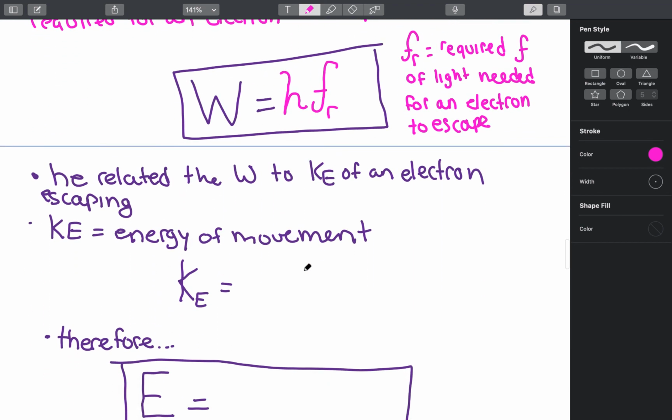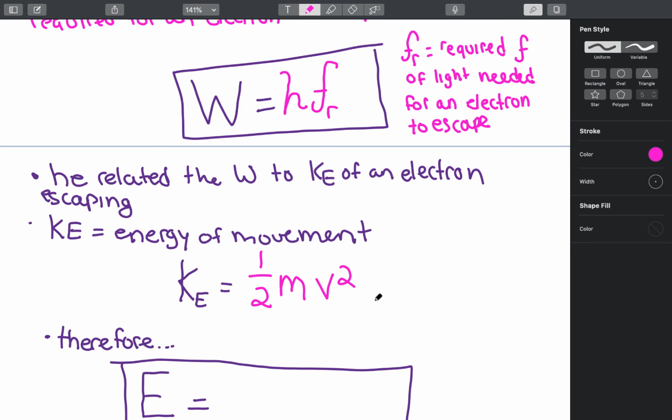So Einstein related the work function to the kinetic energy of the electron escaping. And from high school, you may remember that the kinetic energy of something is the energy associated with the movement of something. And it's given by the equation 1/2 m of the object times the velocity of the object squared. So 1/2 mv squared.